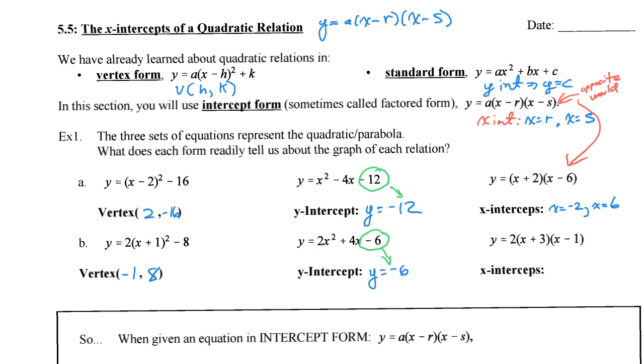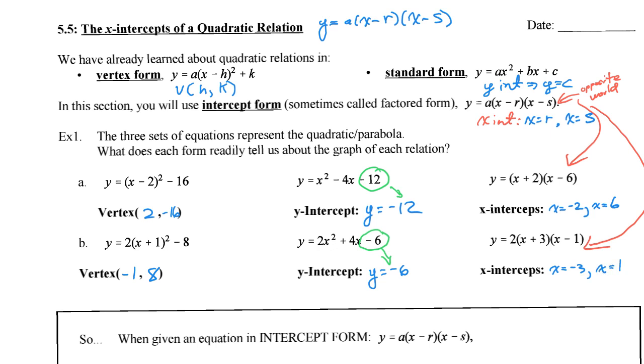Then finally, for the factored form or intercept form, we know that our x-intercepts, using opposite world, are x = -3 and x = 1.